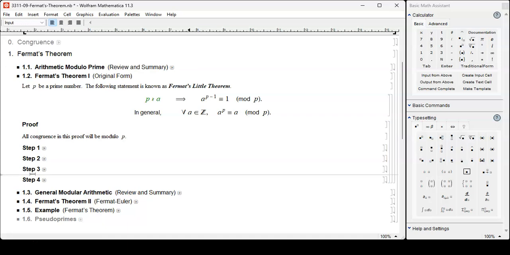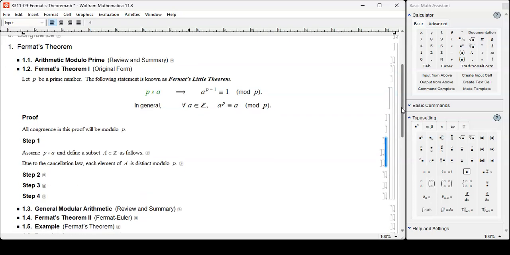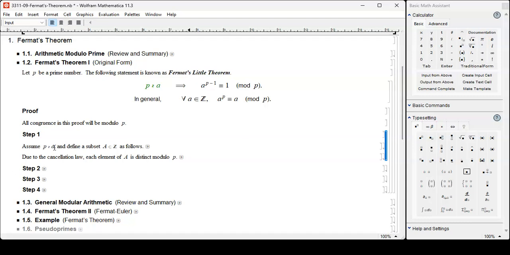Step 4 is just an extension from 1 to 2, so that's no big deal. And step 3 is really an ingenious step. Step 1 and step 2 are just preparations. All right, first preparation: assume p does not divide a. That's the assumption.